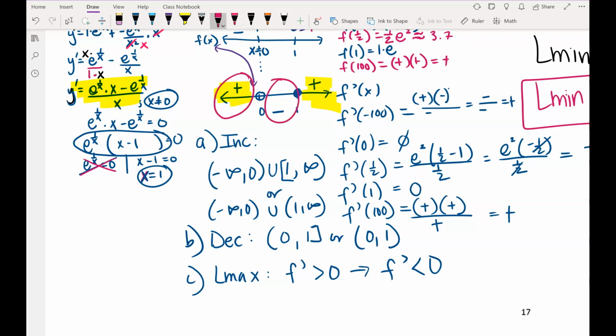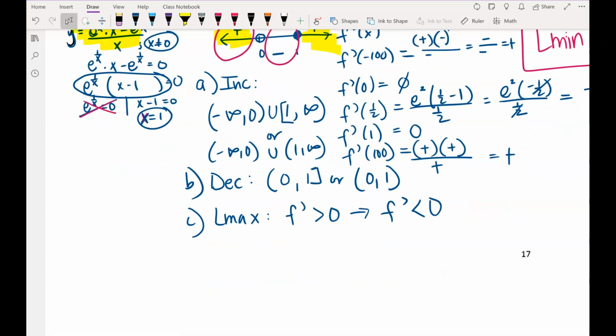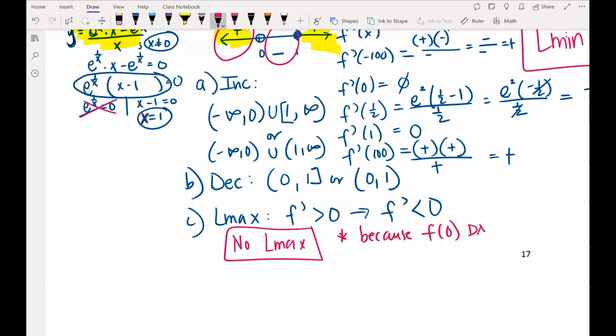I have one location where the derivative goes from positive to negative, at x equals 0, but f of 0 doesn't exist, so we have none. No local max, and I'm going to put a star because f of 0 does not exist.